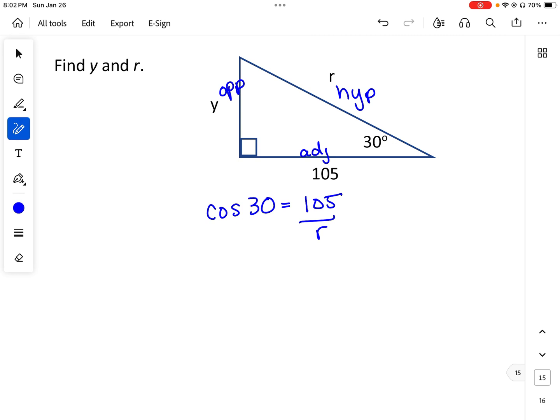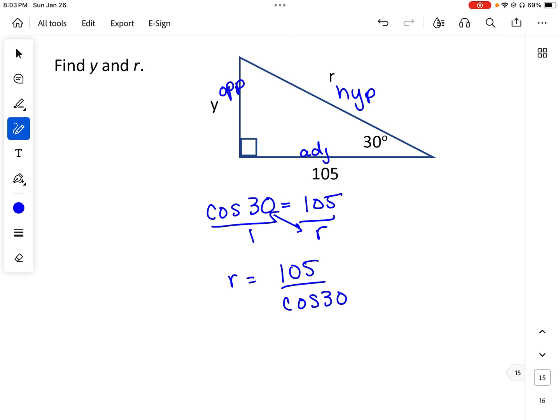In order to solve for r, we could multiply by r and then divide by cosine 30, but an easier shortcut would be to switch these. So r equals 105 over cosine of 30 using basic algebra. That's what we're going to put in the calculator.